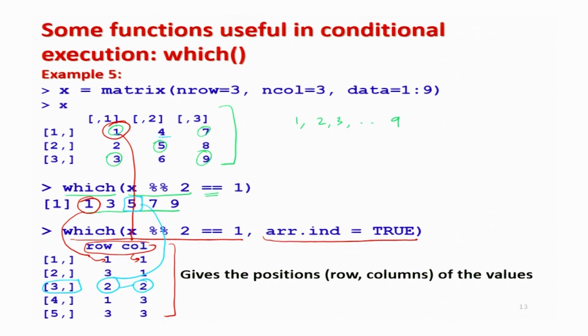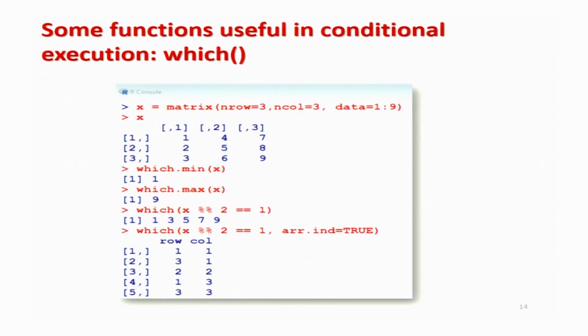So, you can see here this is the location of 5 and so on. By using this option arr.ind is equal to true, this will also give you the location in an array, that is, what are the places where such things are occurring. So, you can now think that these things are going to be extremely useful when you are trying to do different types of data manipulations, and this is here the screenshot of the same operation.